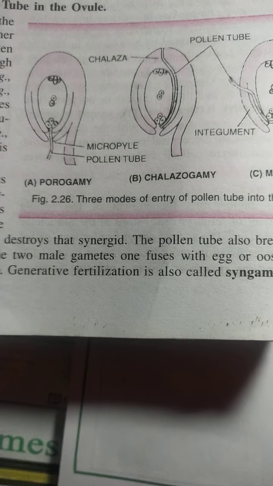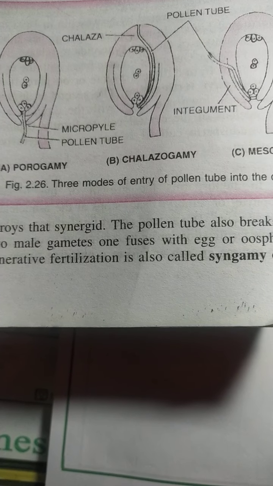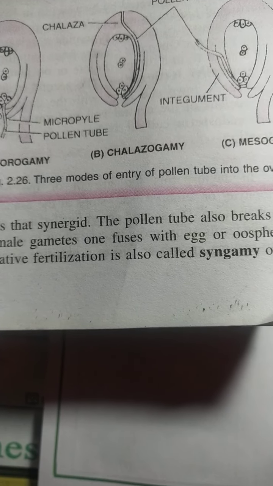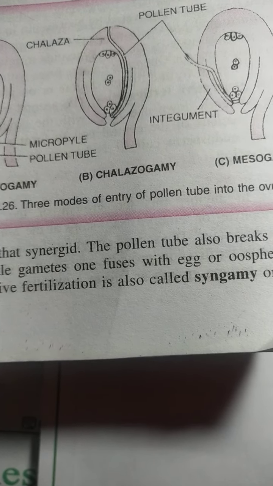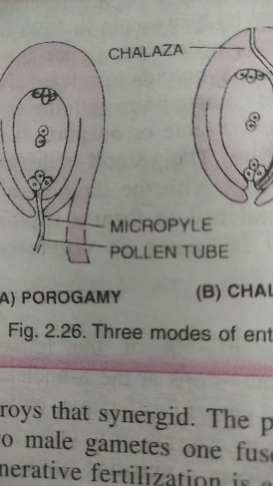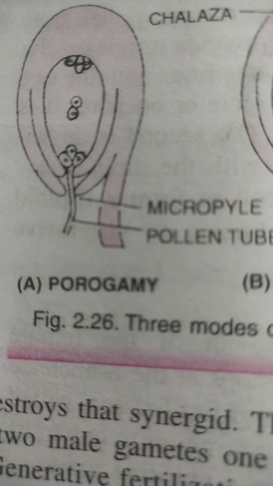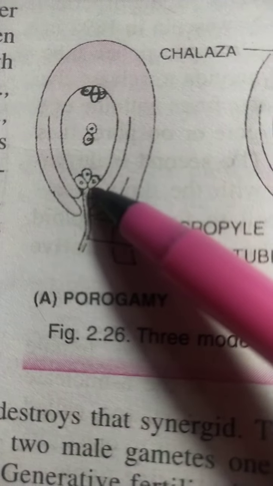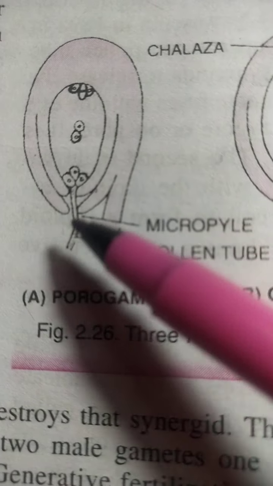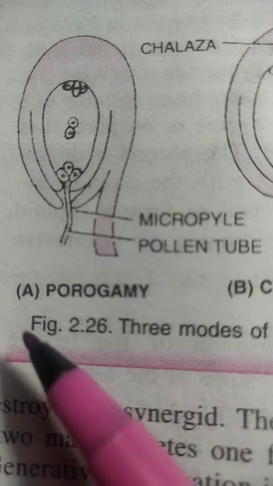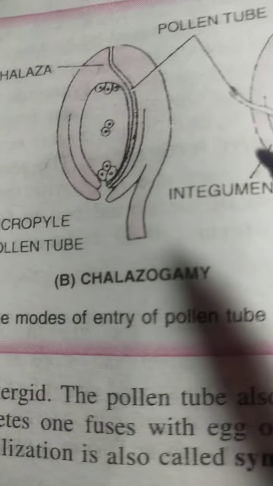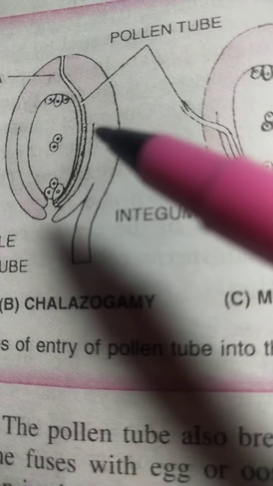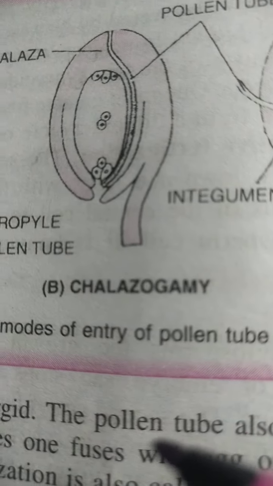In the ovary, the growth of the pollen tube is directed by a tissue called the obturator. The pollen tube enters the ovule through the micropyle; this generally occurs and is known as porogamy. Sometimes it may enter through the chalazal end, which is called chalazogamy.